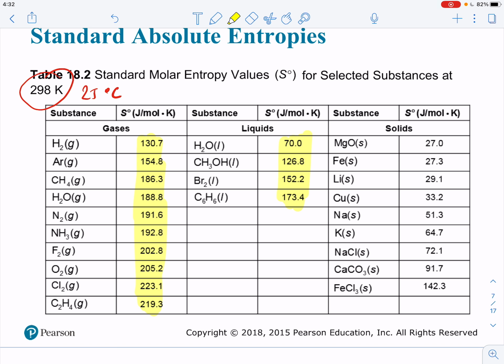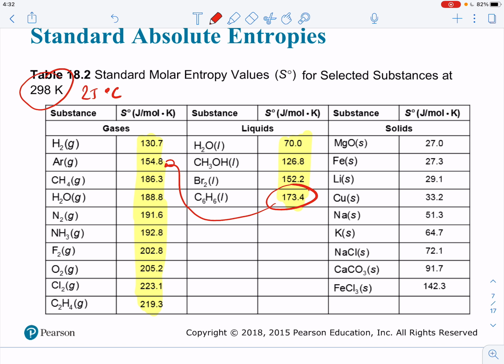You can also notice that, for example, if we look at hexane as a liquid, and you compare it with some gases, for example argon, that liquid has a larger entropy than argon. So it's not only the state of matter that controls the absolute value of entropy, there is something else going on, and we're going to review all of that.